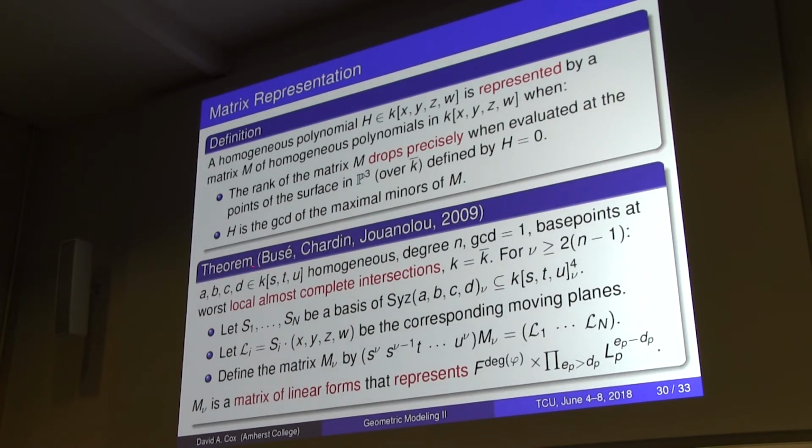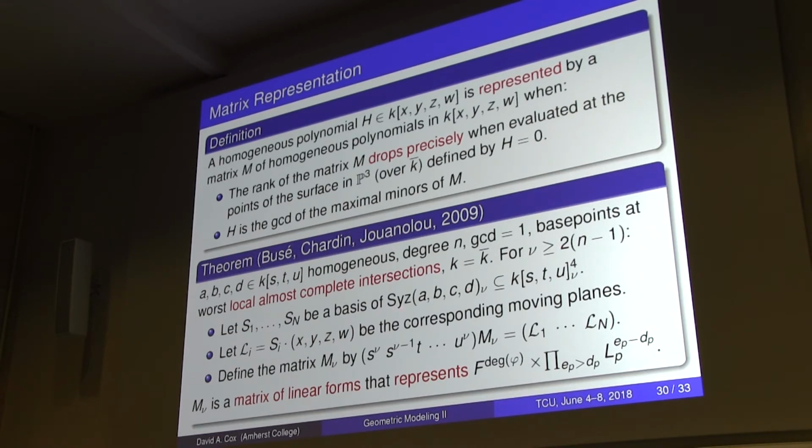And so the theorem of Busé, Chardin, and Jouanolou from 2009 says that in the situation that we're in, homogeneous of degree n, base points at worst almost locally complete intersections, let's assume we're algebraically closed, then I need to pick some syzygies of the appropriate degree. So I pick a nu greater than or equal to 2 times n minus 1.